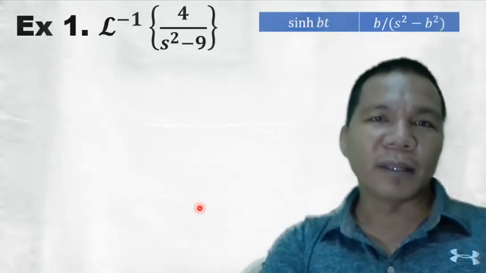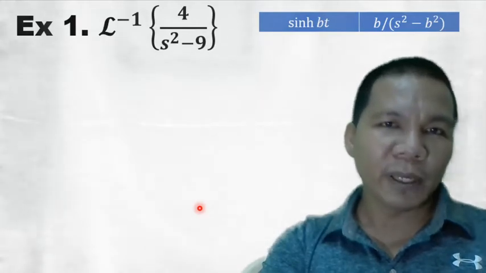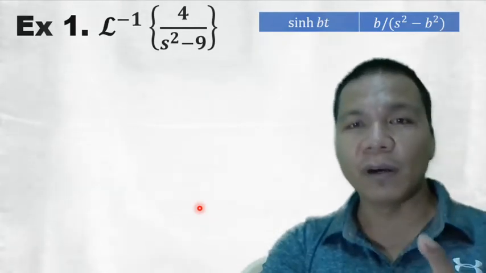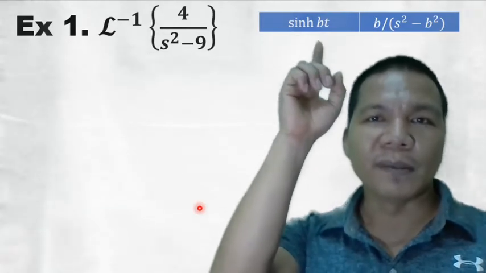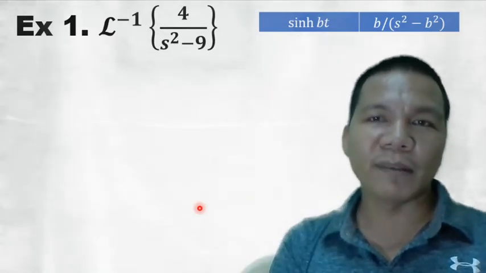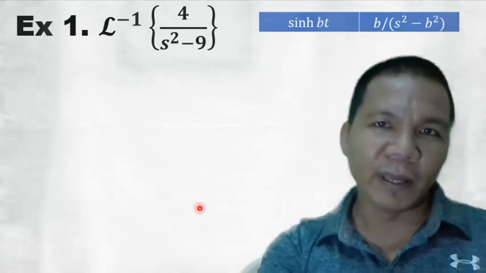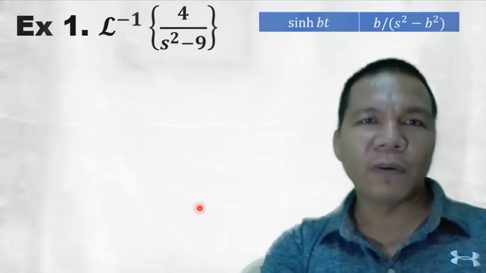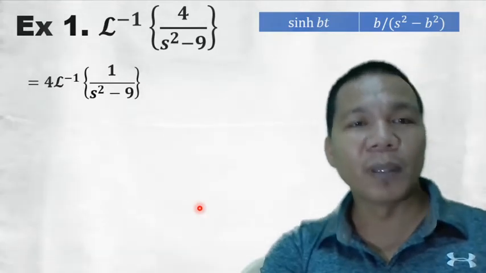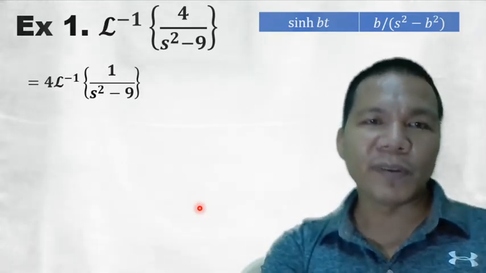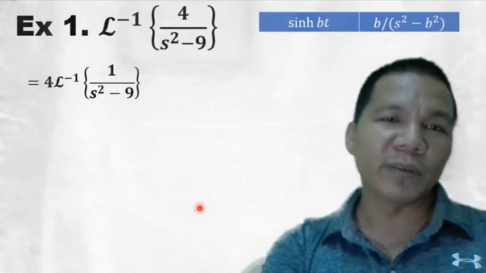Right? That is in the form of hyperbolic sine function. If you can still recall, the hyperbolic sine function above is equal to b all over s squared minus b squared. Now, if we are going to take out 4 from the inverse Laplace transform sign, that would become 4 times the inverse Laplace of 1 all over s squared minus 9.